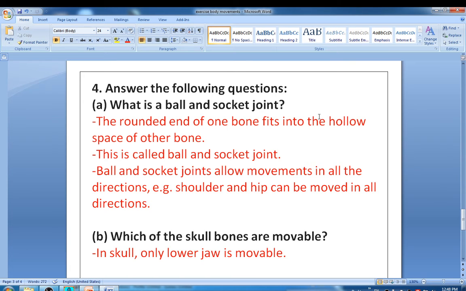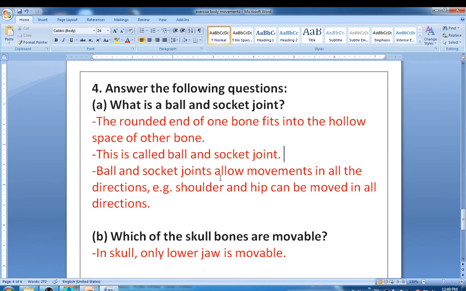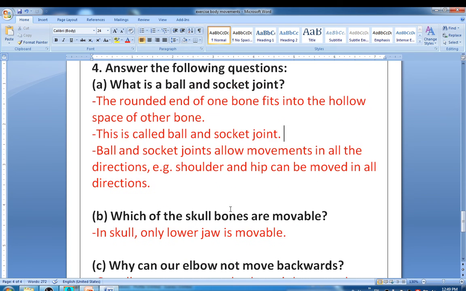Now the marks are not given, but if the question is what is the ball and socket joint, and only the definition is needed, you can write only these points. But if the question is for 2 marks, then you have to write the functions of that ball and socket joint also. You can add your own points that are related to the ball and socket joint.